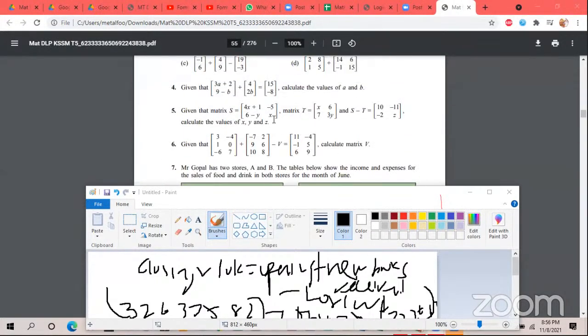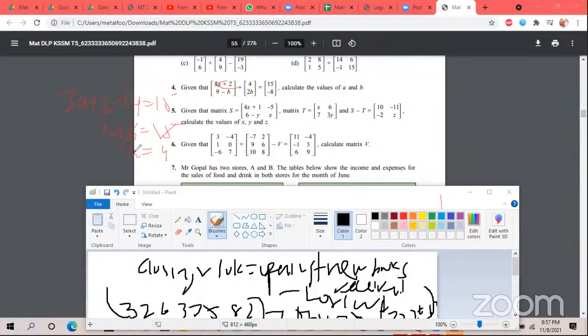Yeah. I'll do one more question. Given that 3a plus 2 plus 4 equal to 15, calculate the values of a and b. So 3a plus 2 plus 4 equal to 15. So it will be 3a plus 6 equal to 15, and 3a equal to 9.